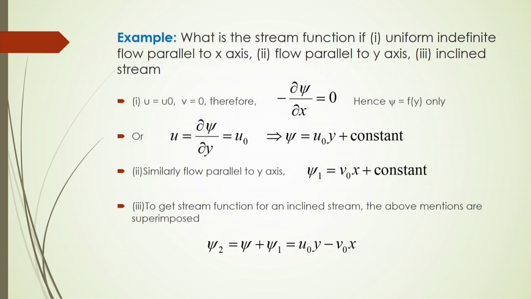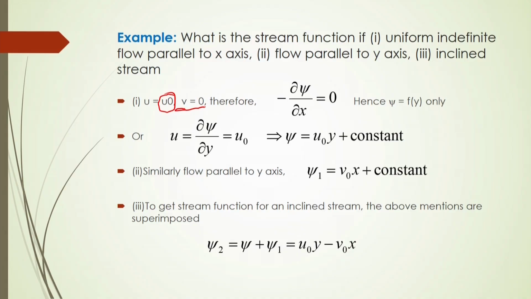And also another example, like if there is a uniform indefinite flow parallel to x axis, and also flow parallel to y axis, if it is inclined stream, then what should be the stream function. So, if there is uniform indefinite flow parallel to x axis, that means if u is equal to u0 and then v will be equal to 0, therefore, we can say minus ∂ψ/∂x will be equal to 0.